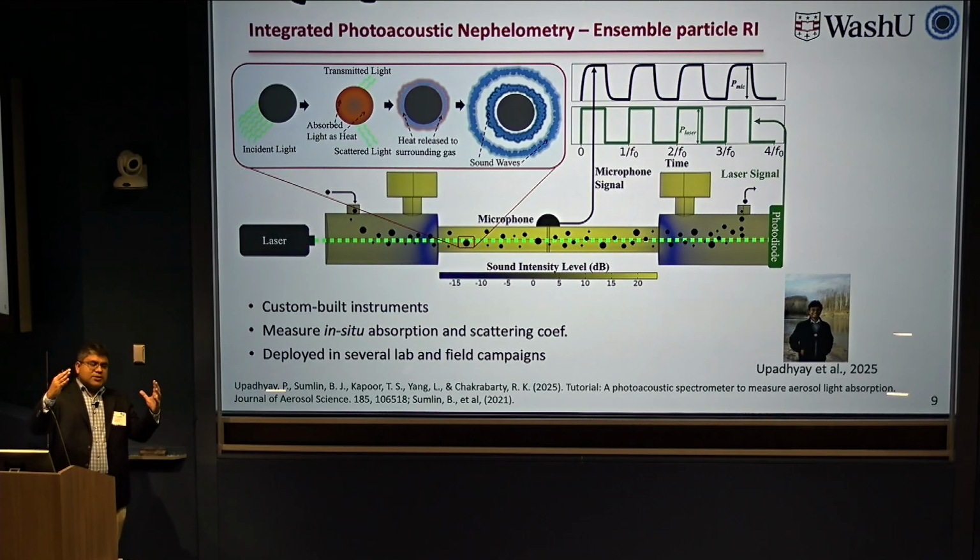This heat emission is essentially a pressure change in the surrounding atmosphere. So now if we pulse a laser at a particular frequency and we put a microphone next to the particle of interest, also synced at that particular frequency, we can hear the pressure differences, which is essentially sound waves. So essentially we are making particles sing if there is an absorption component.